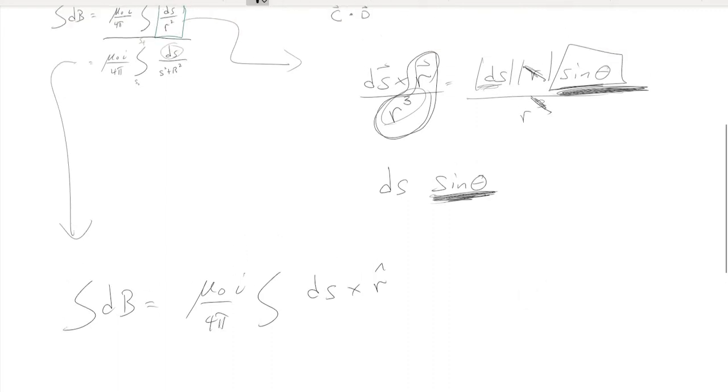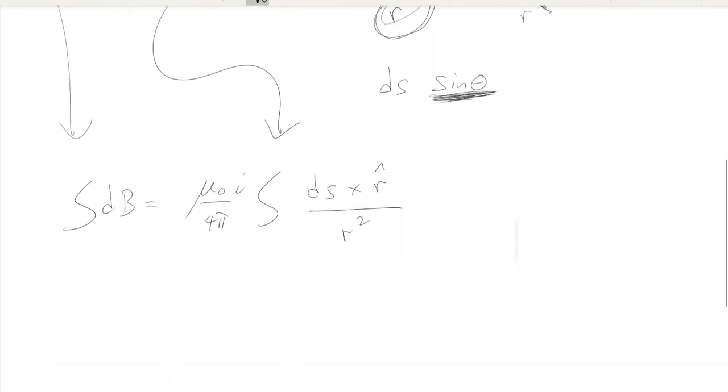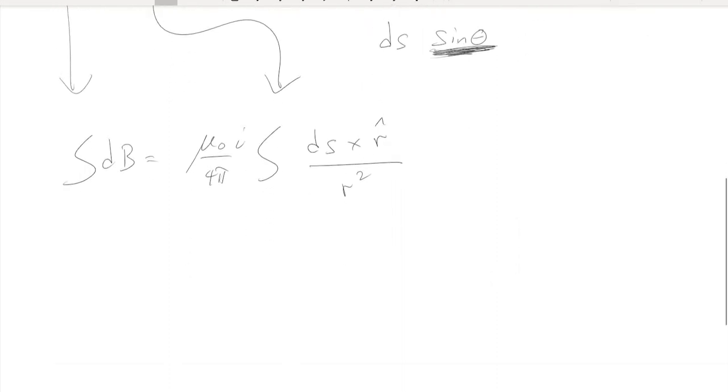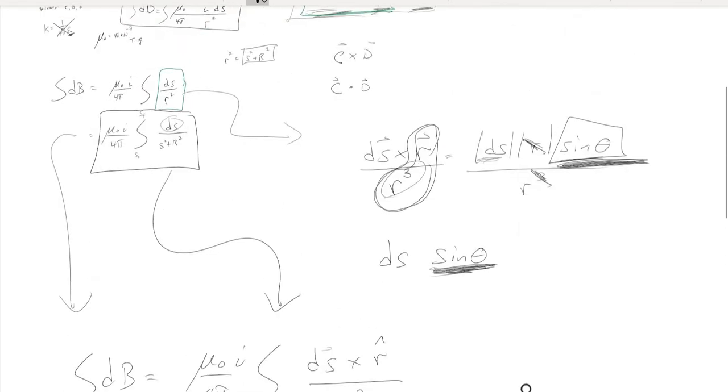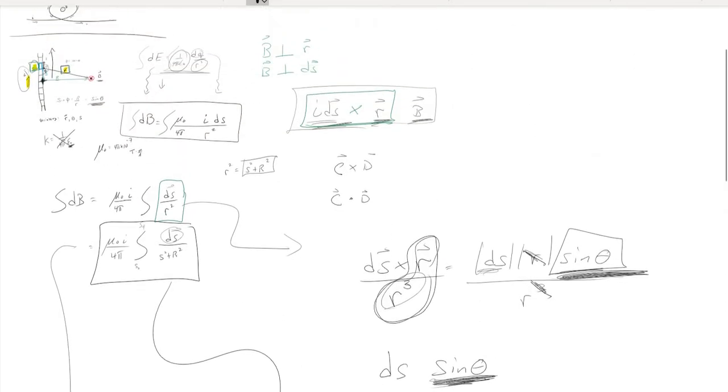And so our equation at this step will now end up looking like this, which will then end up looking like, so cross product of these two vectors, ds and r. I should put a vector hat over ds there. I should have been doing that all along. Sorry.